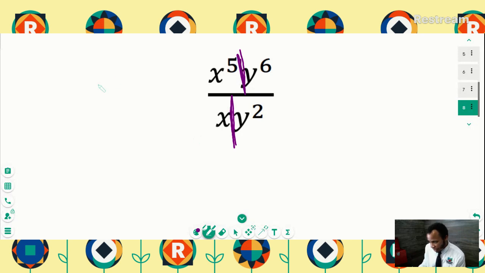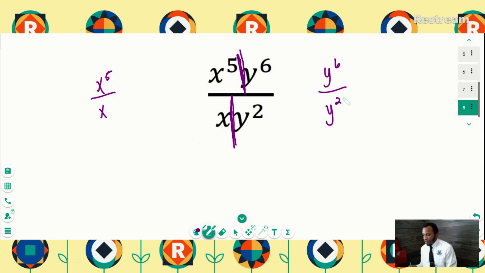So over here on the left side, we have x to the 5th power over x. And on the right side, we have y to the 6th power over y to the 2nd power. After we break this down, it makes this a little easier, right? From here, we can use the tools that we had for x to the 5th power divided by x.